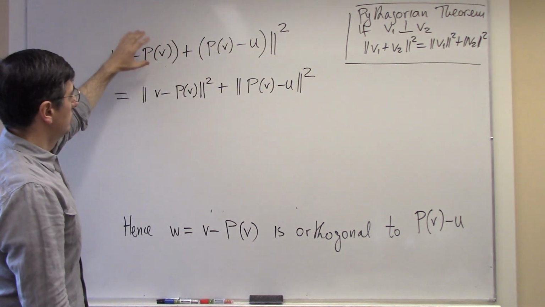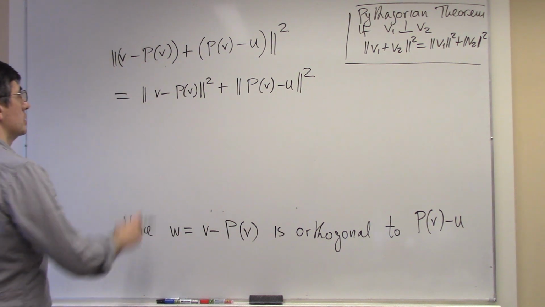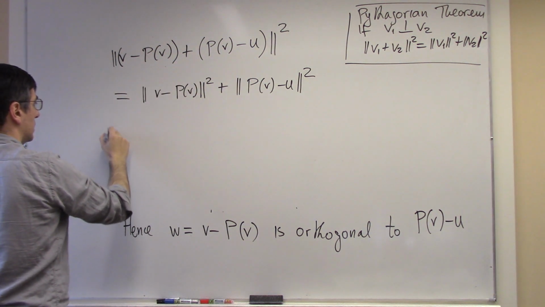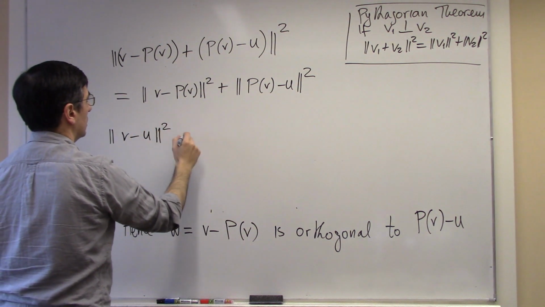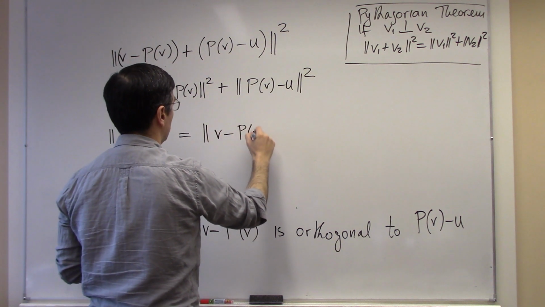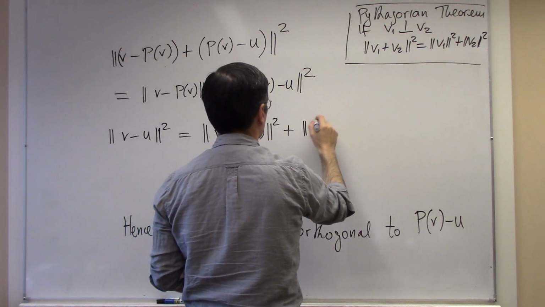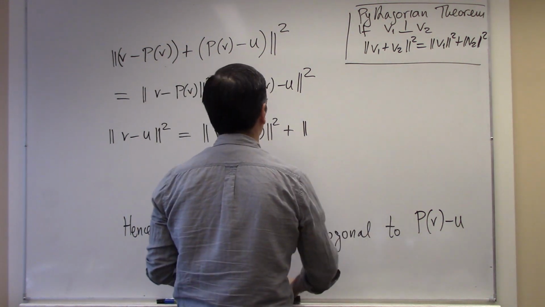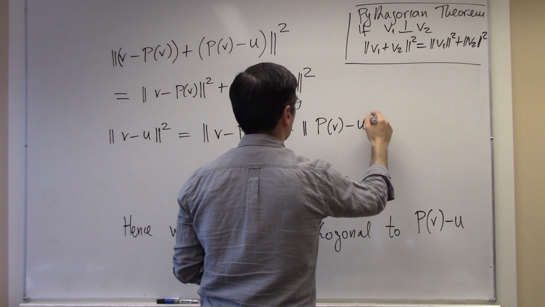So what is this expression? This expression, if you open the parentheses, you get V minus u is equal to V minus PV plus PV minus u.